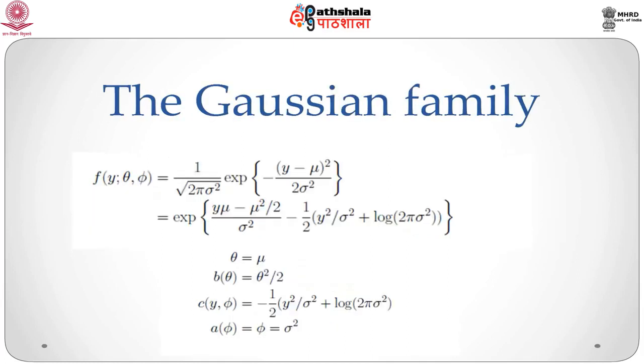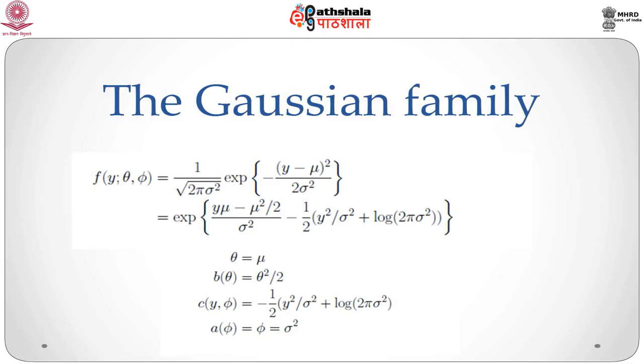The Gaussian family is also a special case of the one-parameter exponential family. Here, as you know, f of y, theta, phi is equal to 1 over root 2 pi sigma square, exponential of minus 1 over 2 sigma square, y minus mu whole square.